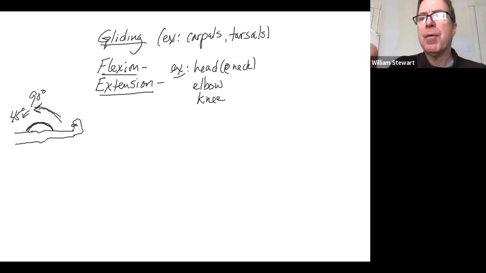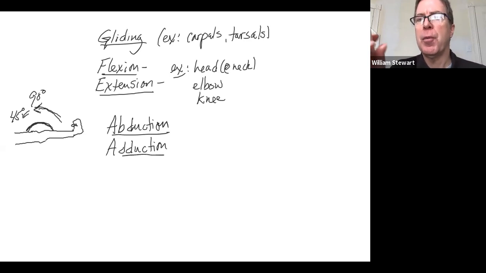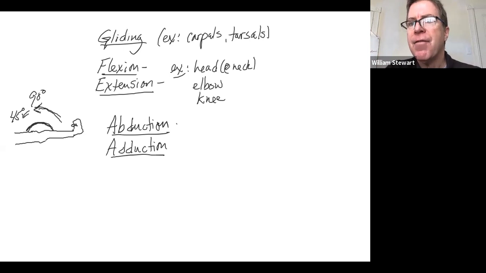Let's go to abduction and adduction. I'll give you the definitions and then examples. These occur in pairs as well because the movements are opposite or oppose each other. Abduction, the definition is to move typically a body part away from the midline of the body.